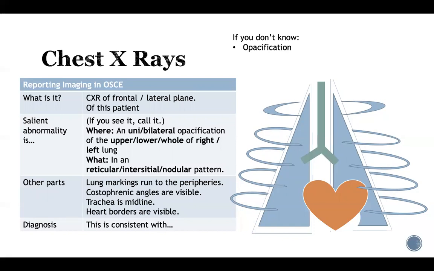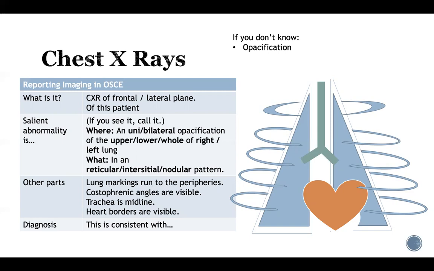So you really need to know how to report it succinctly within one minute. The way you do it is, if you can see something, call it. If it looks like lobar consolidation, and you just took a history from a person with cough and fever and everything, it's probably pneumonia. So you say, this is a chest X-ray that is consistent with the history of a pneumonia.